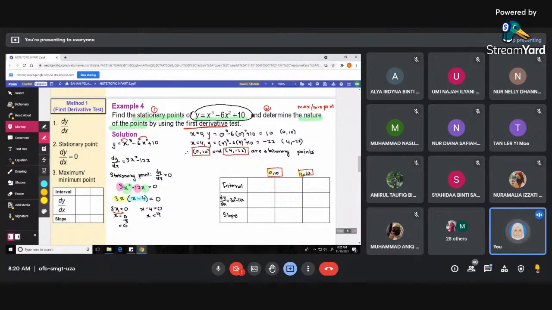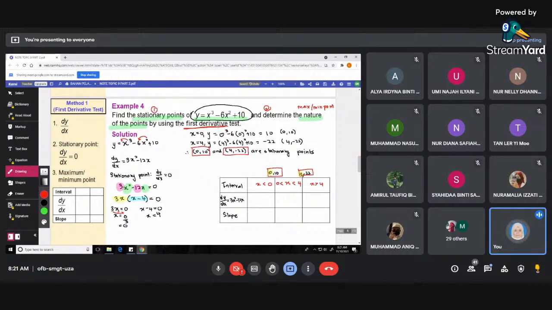Ini kosong, ini 4. So maksudnya interval, awak tengok yang X sahaja. On the left hand side, we write X less than 0. Okay. In the middle, we write interval X between 0 and 4, because there are the 2 points. Last one, because X is 4, X is greater than 4.